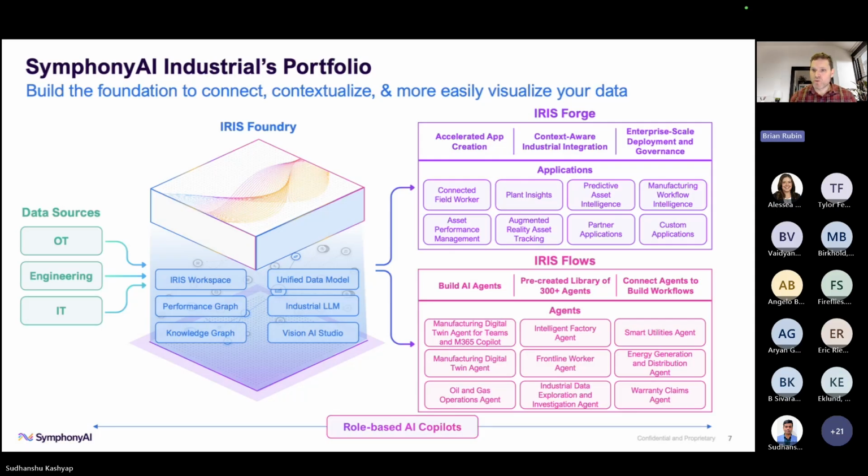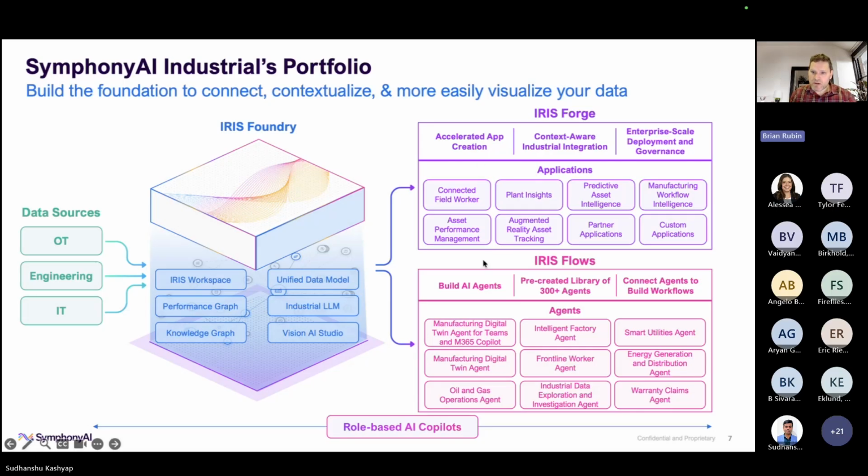Within Forge, we can also build agents, as it were. We can also build mobile applications. So it's a very flexible system that we've developed and launched a few weeks back.